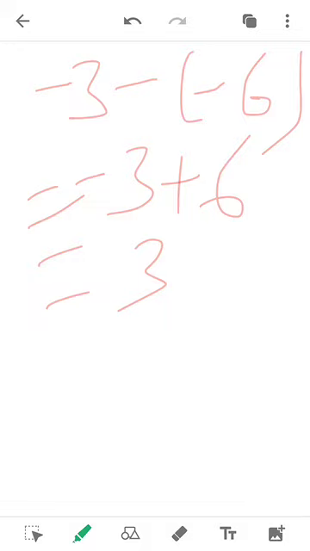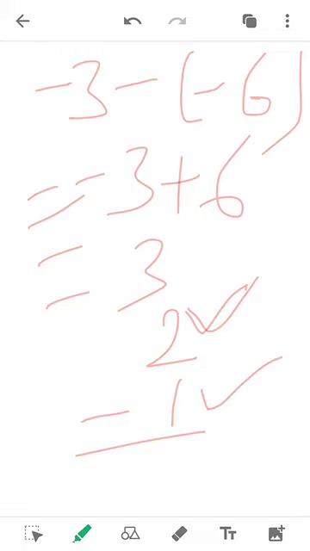If we subtract two numbers, like 2 minus 1, 2 is the number from which we subtract the other number, that is 1. Then we get 1.